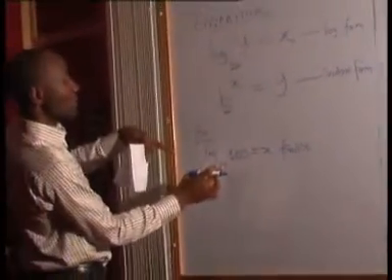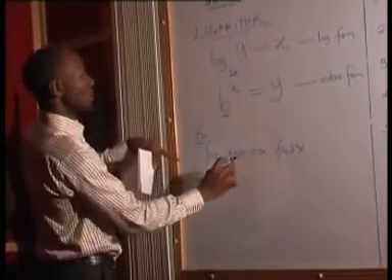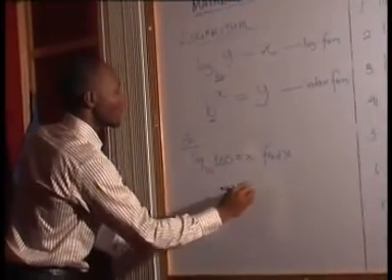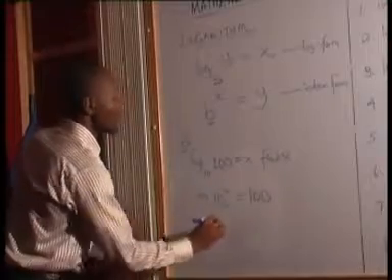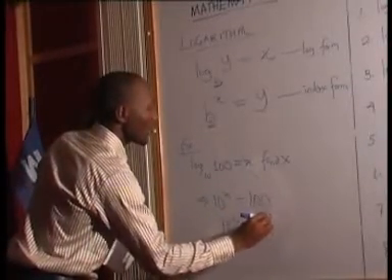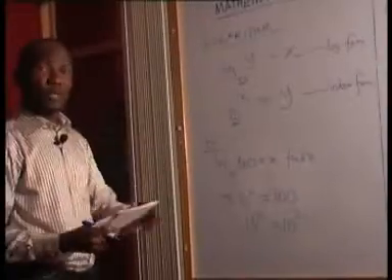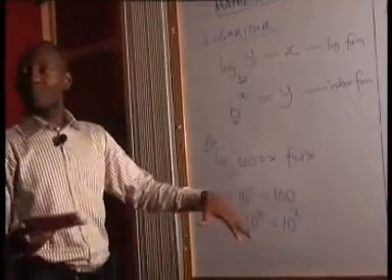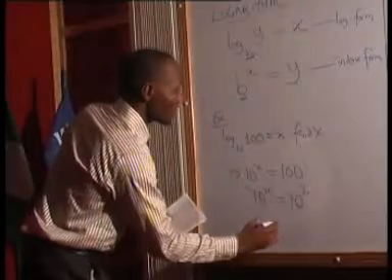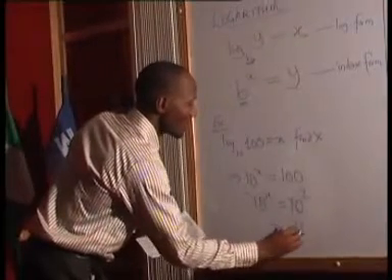In other words, 10 raised to power x should give me 100. That means 10 raised to power x is 10 raised to power 2. Are we not back to our indices? We are actually back to indices. So logarithm and indices are actually interwoven. 10 will take care of 10, therefore x is 2.